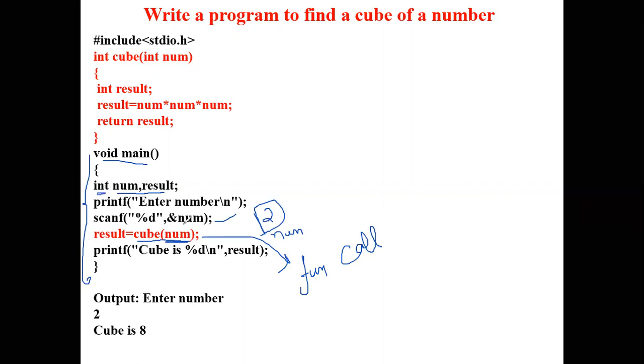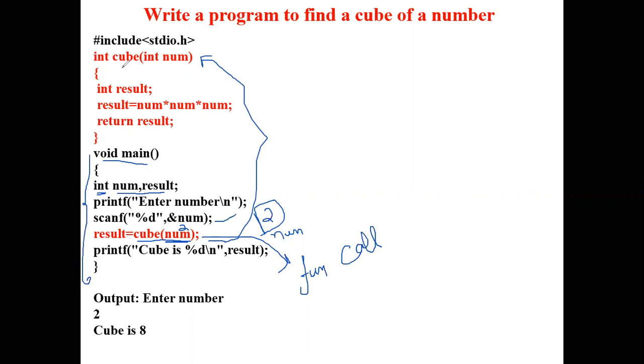So we are passing the value 2. During the function call, the control will be passed to the definition of the function, which is here.